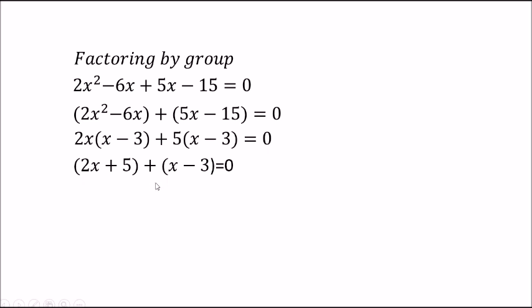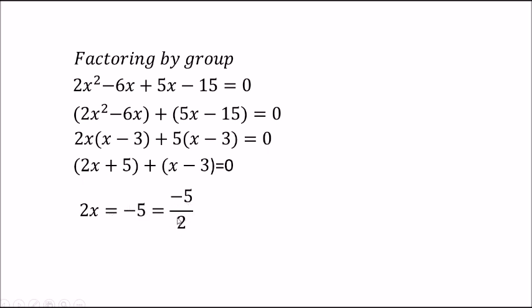So, we have now the new equation again. We have 2x plus 5 times x minus 3, kasi parehas sila, sinimplify lang natin. So, mahahati na siya sa dalawang equation. First is 2x plus 5 equals 0, so 2x equals negative 5, so x equals negative 5 over 2.